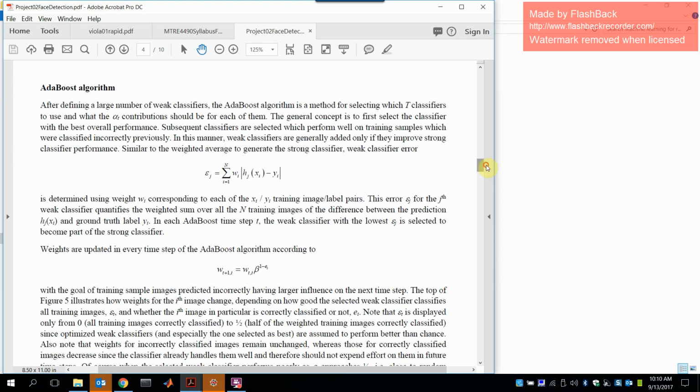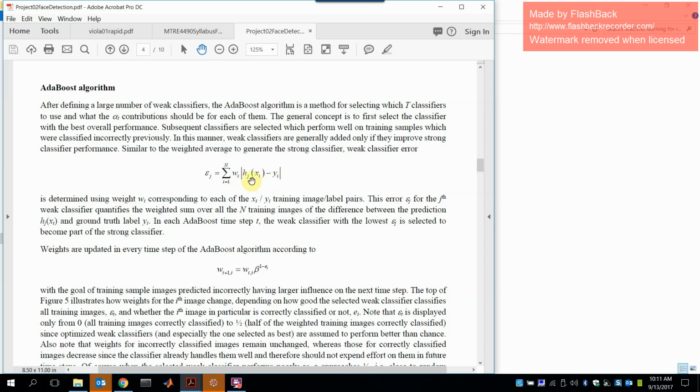So the way we're going to judge whether a jth weak classifier is good is by saying how much its classification differs from the actual ground truth value. y_i is ground truth. h_j of x_i is the jth classifier's guess for what the x_i image is.